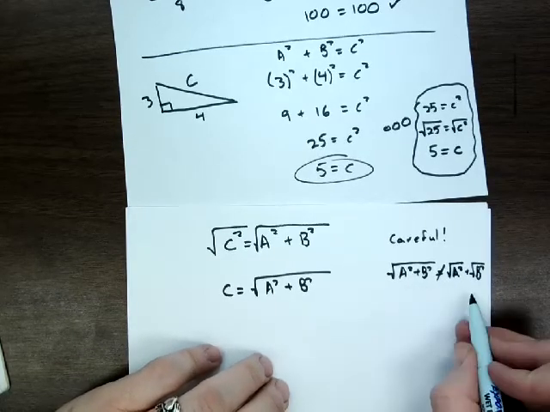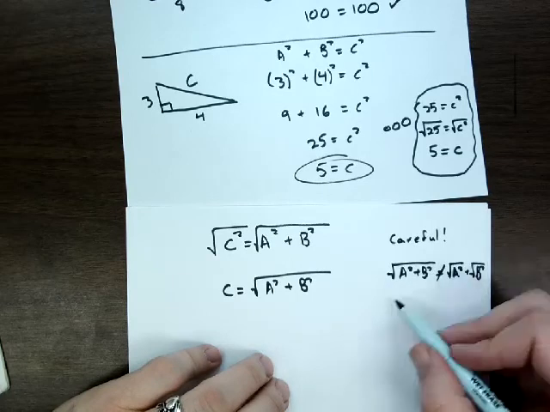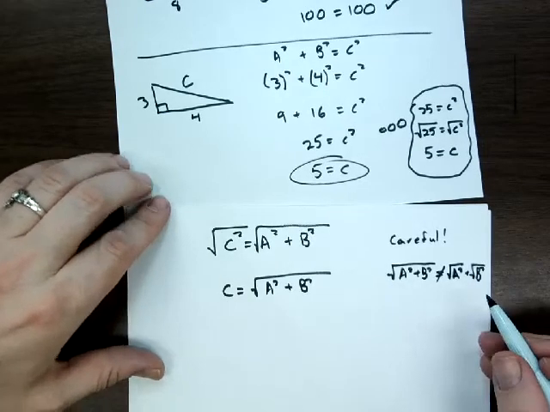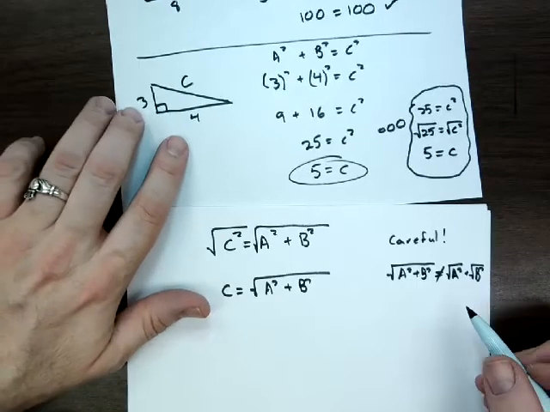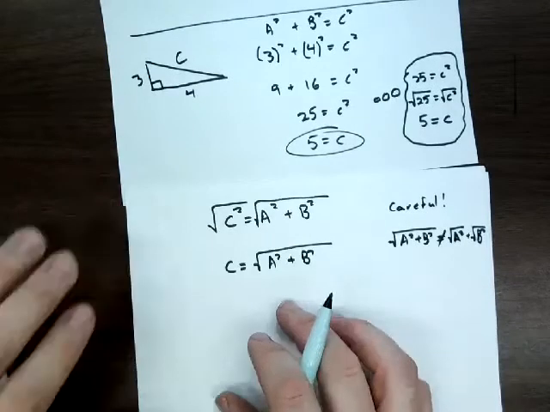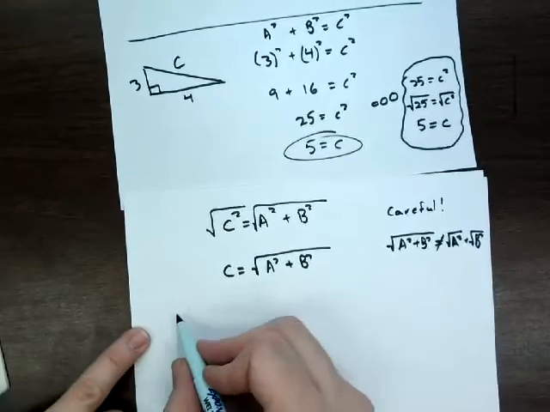I can't do this. If I do that, I will get myself into trouble because, if I tried to do that up here, I would have said 5 is the same thing as 7. It's not.